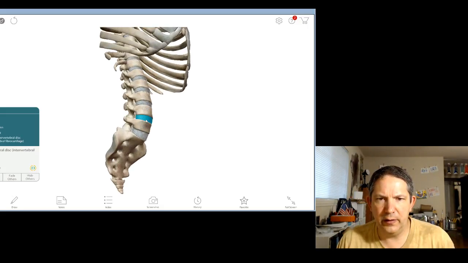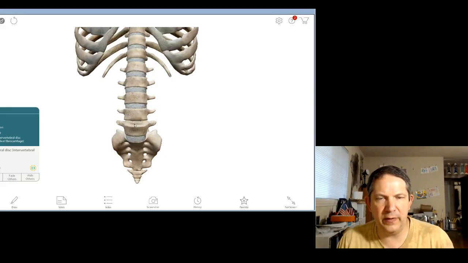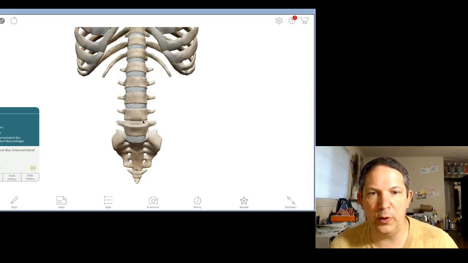Note the intervertebral discs. It's a fibrocartilaginous disc, and in the middle of the disc is a liquidy jelly region called the nucleus pulposus.